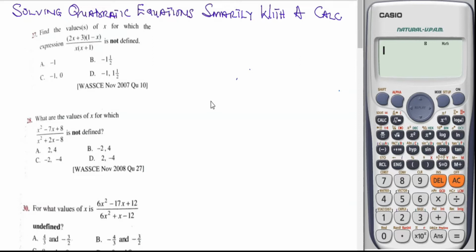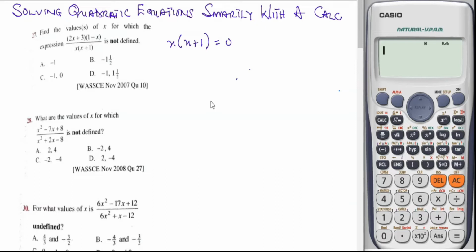So when you have any rational function and they want the undefined value, all that you need to do is to consider the denominator, because when the value for the denominator is actually 0, then we say that the function will not be defined. So with this, we are going to select the denominator, which is x multiplying x plus 1, and we have to equate it to 0.